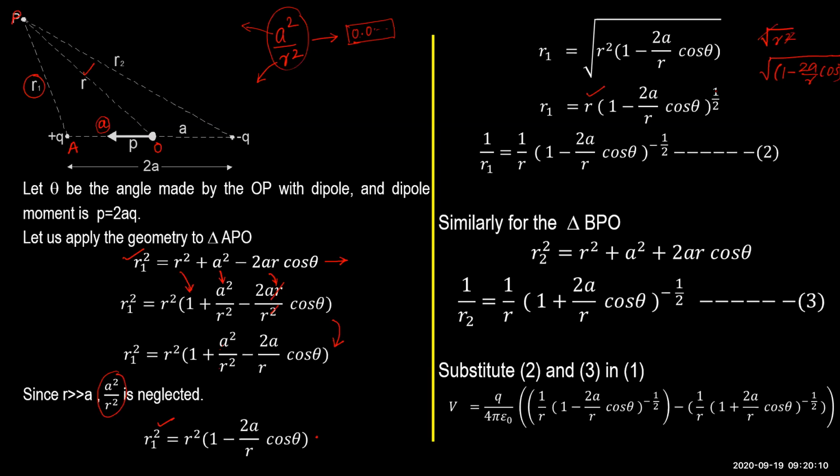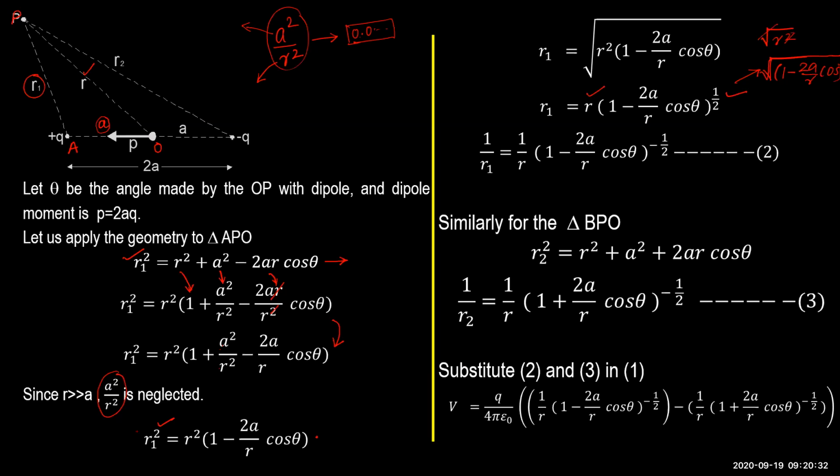If you take the power half there, that is 1 minus 2A by R cos theta whole raised to 1 by 2, then it is nothing but square root only. So don't get any confusion here. If you write the square root or if you take the power as half, both are same.